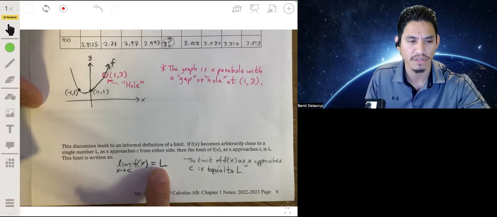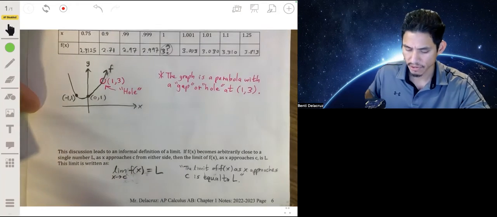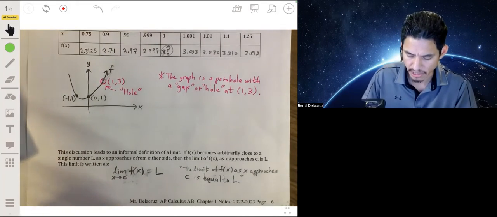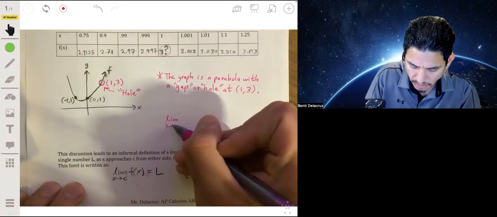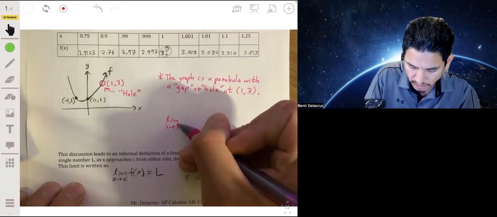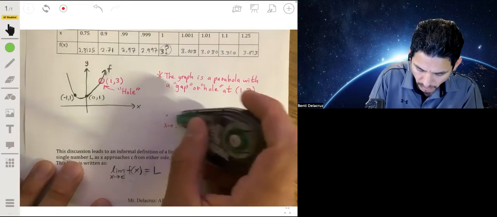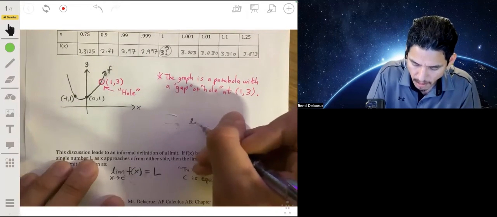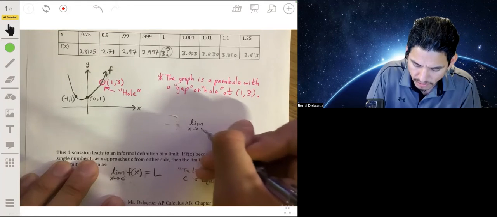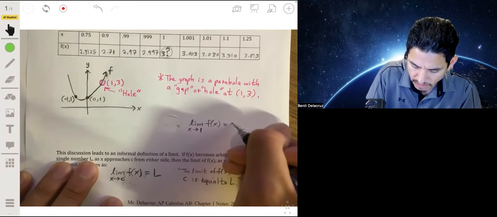If it does, we would say that the limit of f of x as x approaches C is equal to L. So in this case, let's actually write it out. Let me erase that whole thing, and let me use pencil. The limit as x approaches 1 of this function, f of x, is equal to 3.